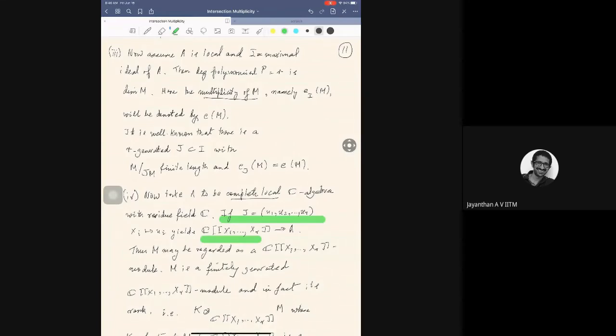And so you get a finitely generated module, and you find that it is the rank which determines the leading coefficient, which is the multiplicity with respect to J. And that multiplicity would have to be greater or equal to the multiplicity with respect to the maximal ideal. Okay?